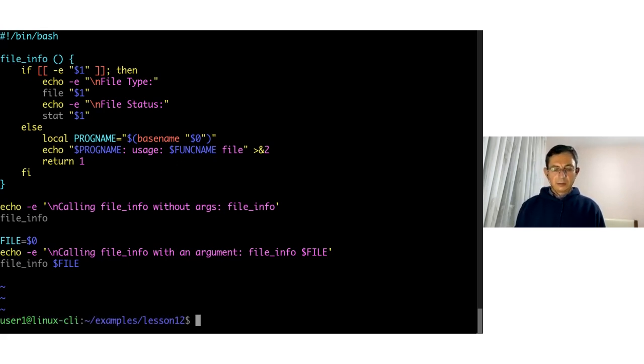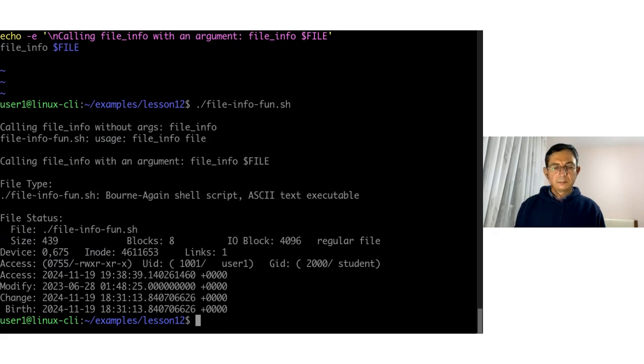So let's try this script. Calling file info without arguments. In this case, it is displaying the usage. Calling file info with an argument, file info, and then $file.